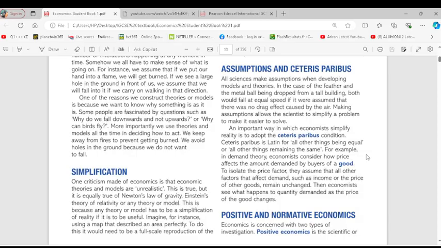So they make the example of demand here. For demand, what they are saying is that demand will change. But there are different things that change demand. There's a price factor that changes demand, and there are non-pricing factors that can change demand, like income, like fashion and taste, like availability of substitutes, and so on. All these things will change demand.